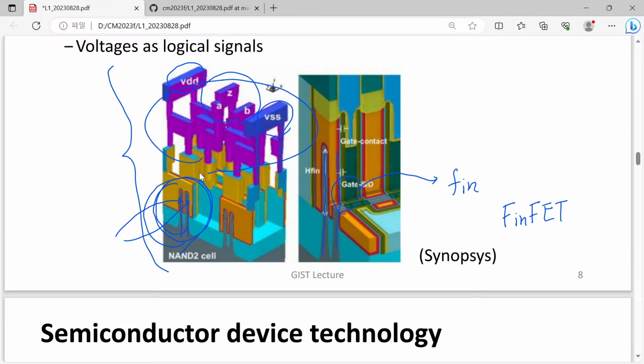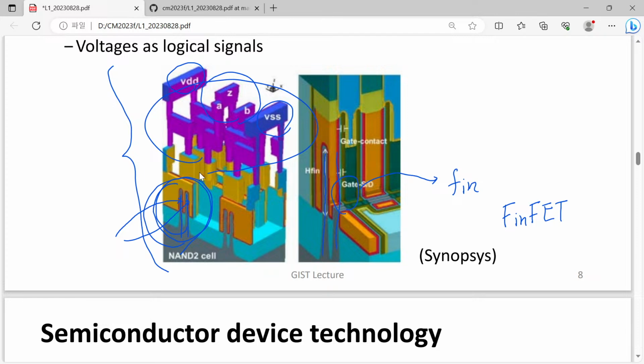So we have so many different materials and inner structures to realize our logical functionality. So simply speaking, it is a complicated structure and complicated system, and just by looking at it, you cannot understand its operation. Or understanding is okay.